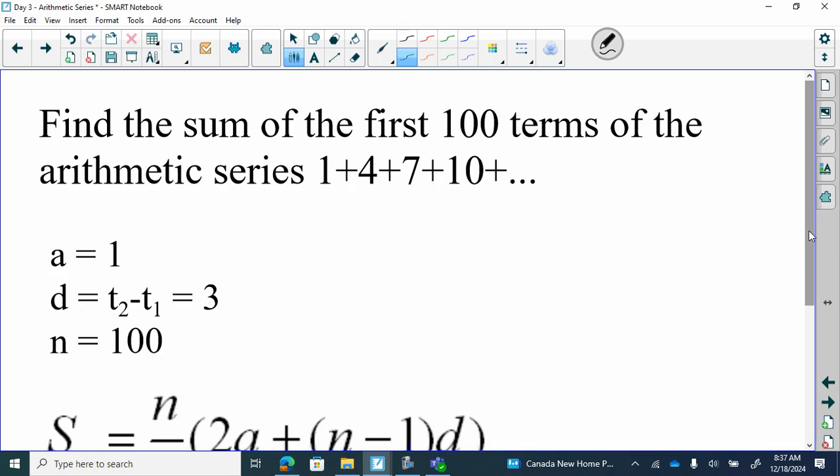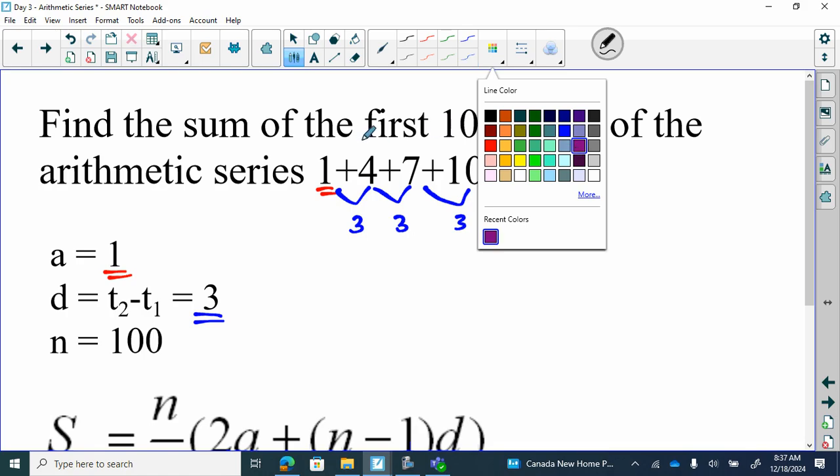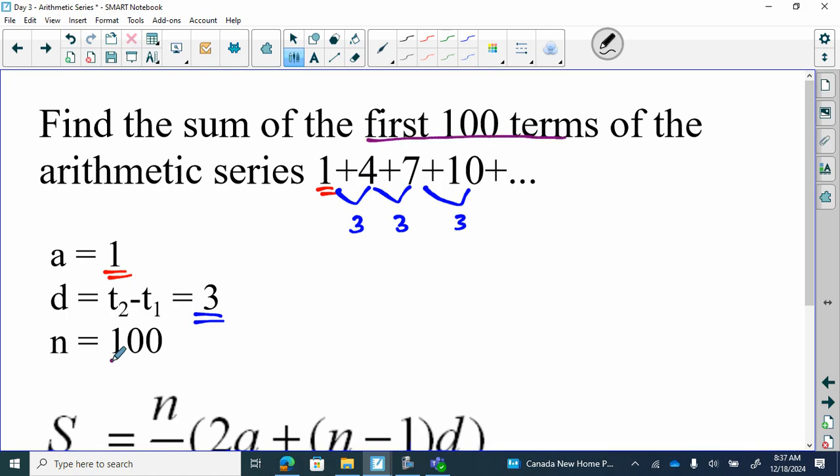And do we agree that a, the first term, would be 1? And do you agree that it does have a common difference? 4 minus 1, 3. Check the others. 7 minus 4, 3. 10 minus 7, 3. The common difference is 3. How do I know n is 100? Yeah, it says it right there, 100 terms.